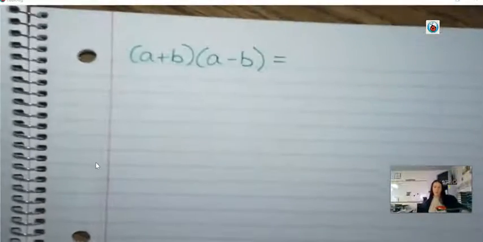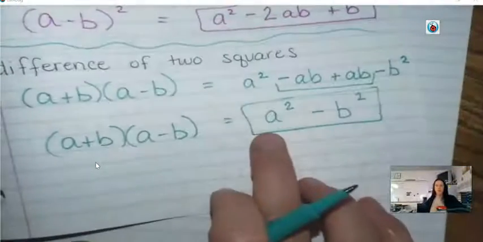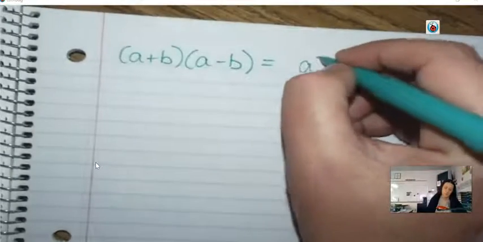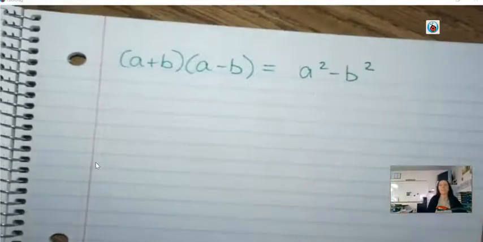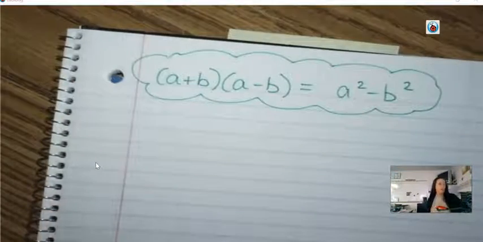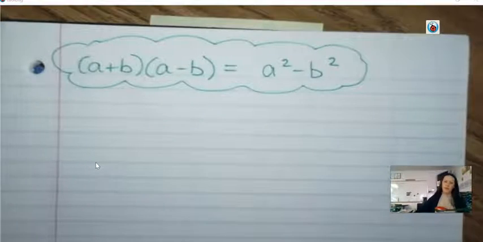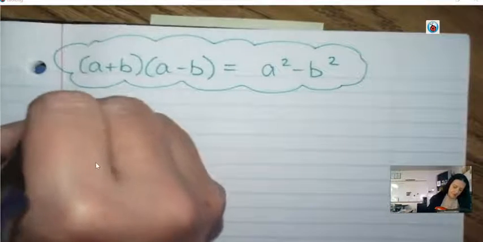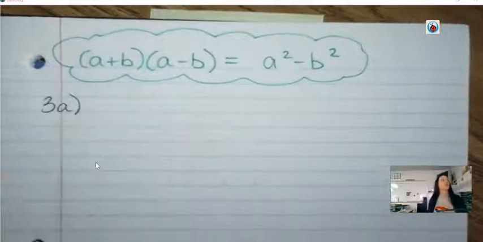And when we do those, we end up with a squared minus b squared. Okay, we're just going to do one example here. So 3a, and then we'll finish this tomorrow.